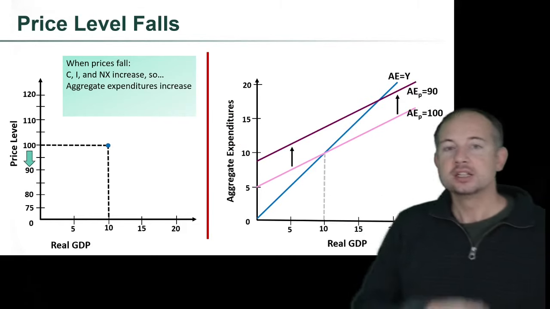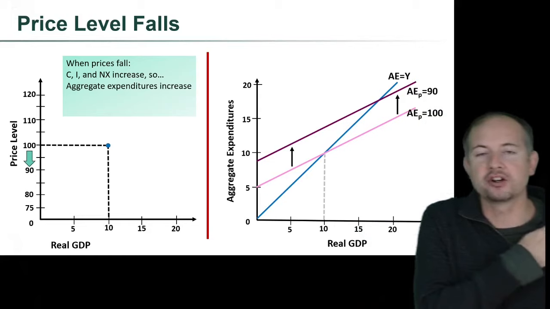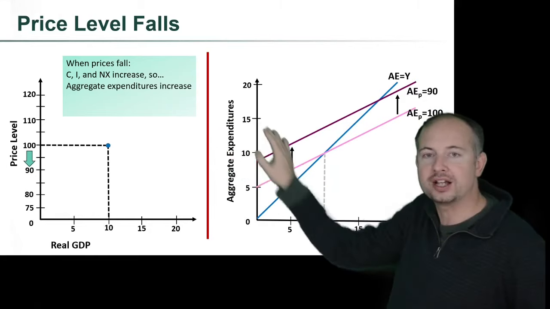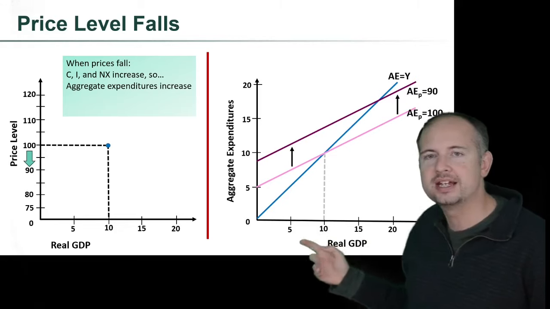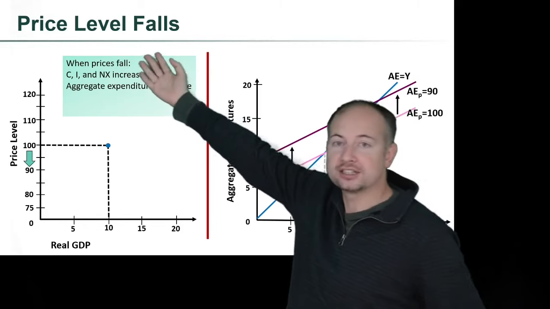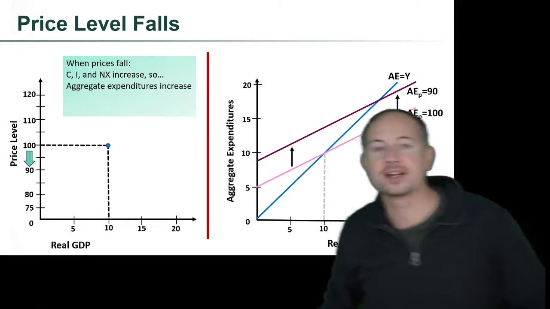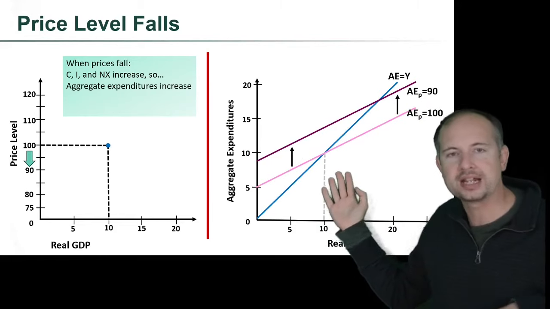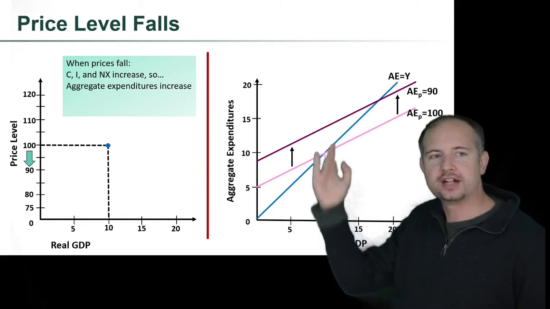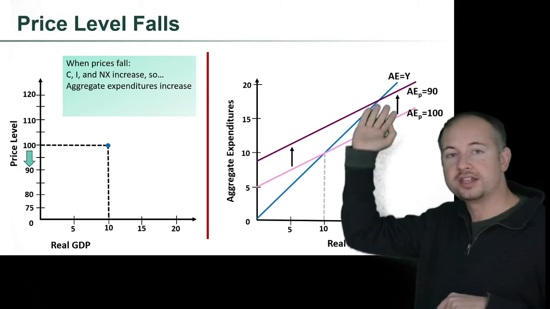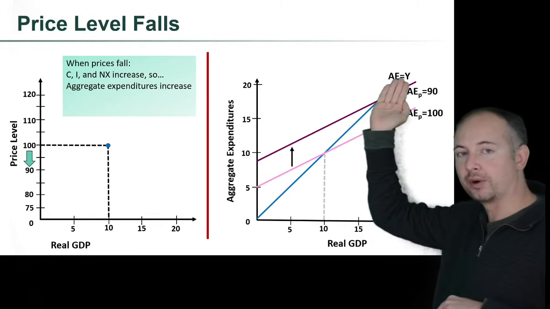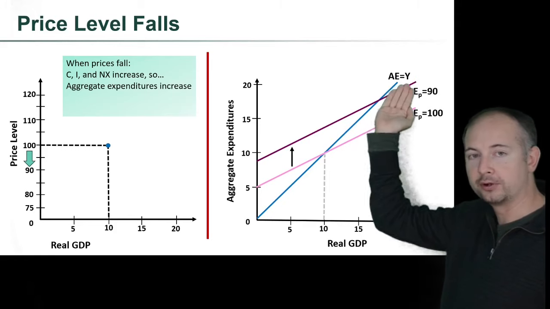So this is something causing aggregate expenditures to change other than a change in real GDP. This is something that causes prices to fall, and as a result, we're going to start spending more money. That means we get this shift up, and eventually we should reach an equilibrium where the amount we're spending, we're buying, is equal to the amount we're producing.